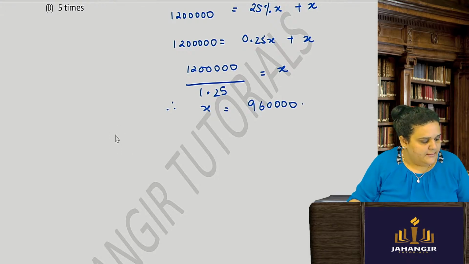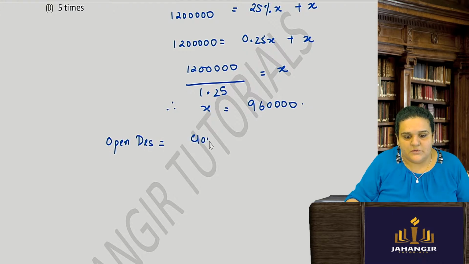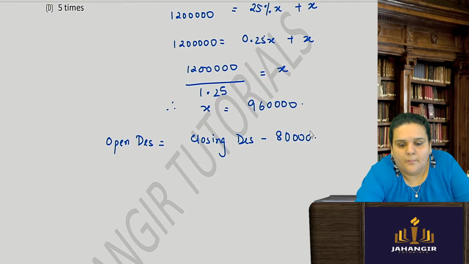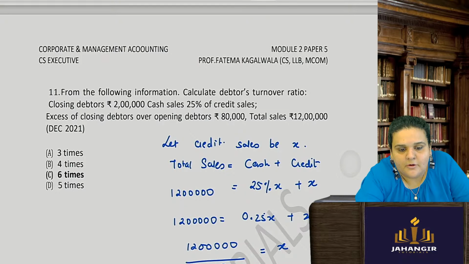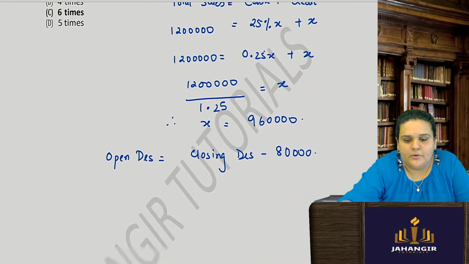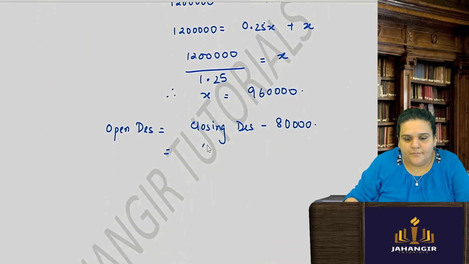Now opening debtors is less by 80,000 than the closing debtors. So it will be closing debtors minus 80,000. Closing debtors is already given to me, 2 lakhs, minus 80,000.